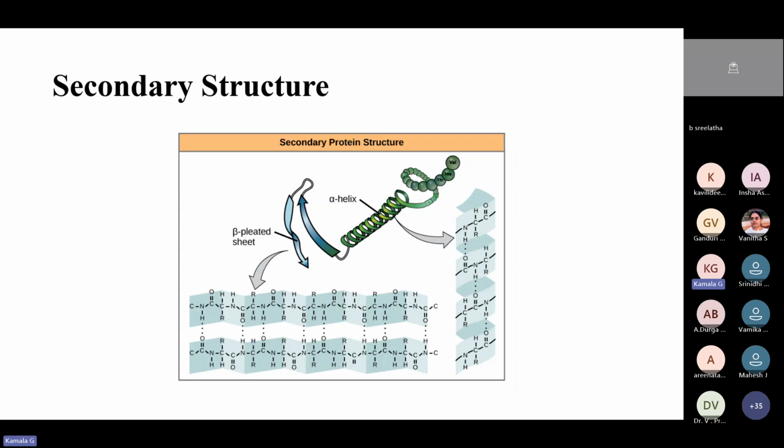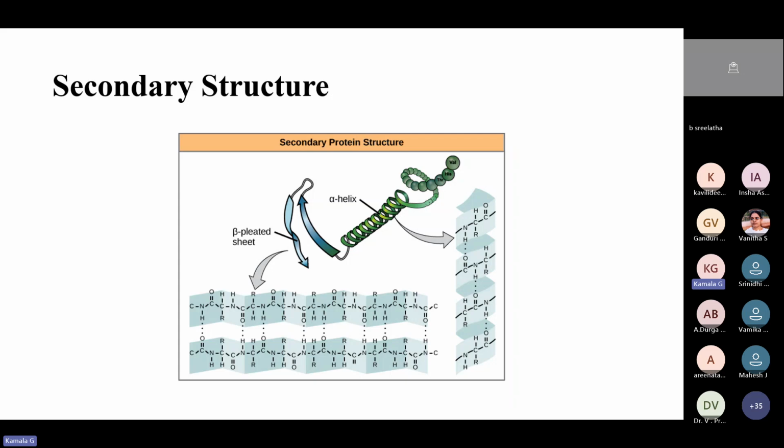Due to the presence of these amino acids, proteins get different conformations that result in the secondary structures. Remember, secondary structures are usually either alpha helix or beta pleated sheets.